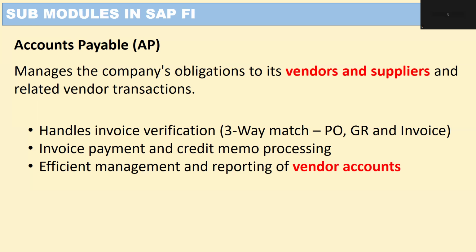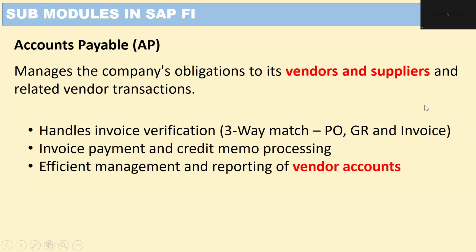That's the invoice being paid to the vendor. It also processes the invoice payments and credit memos. It's also efficient management and reporting of vendor accounts. On the other hand, we looked at the receivables, efficient management and reporting of the customer's account. In this particular case, it is the efficient management and reporting of the vendor accounts.